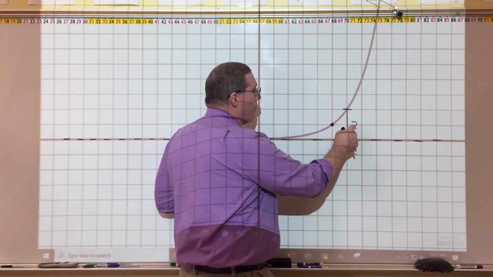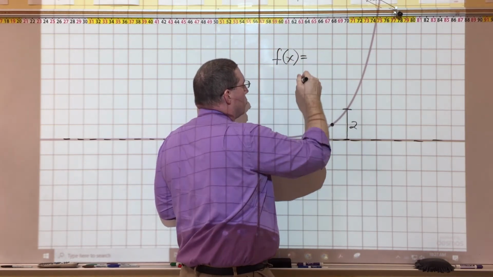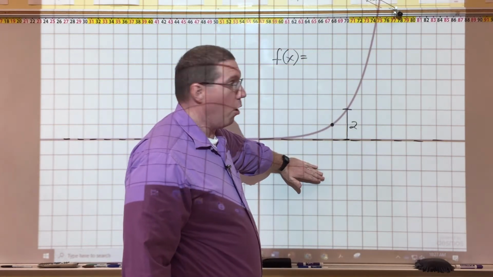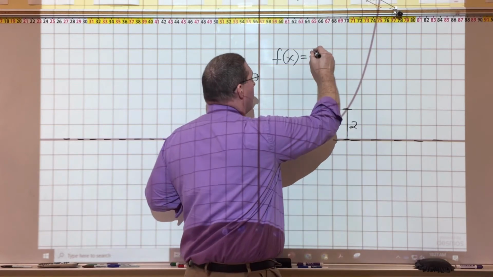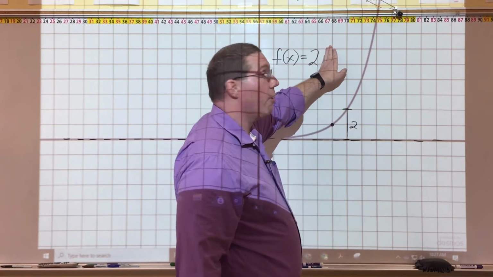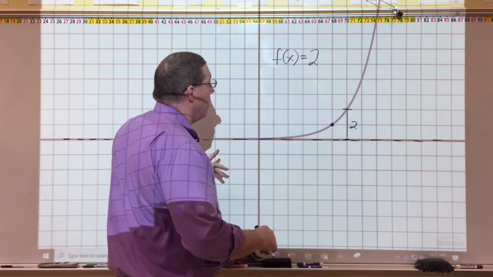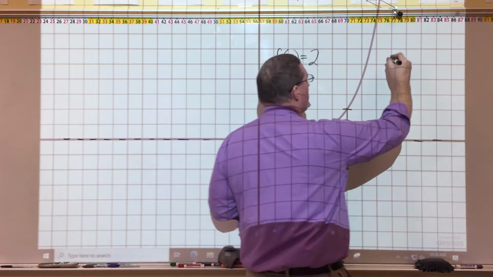All right, so now that we have the base, we know that this is going to be f of x is equal to. Also, it's not reflected below the asymptote. Therefore, it's going to be positive. So we're just going to put a 2 here. It's also not backwards. So we would put up here just an x, right? All right, so here's how we know. Once we know the horizontal shift, here's what we're going to say.